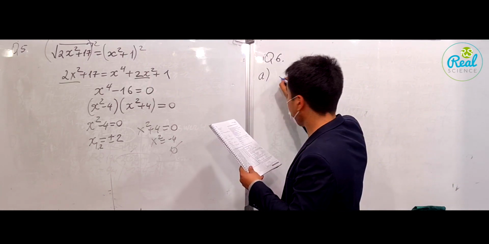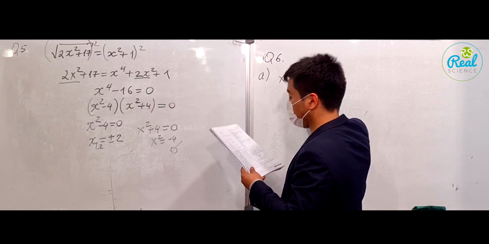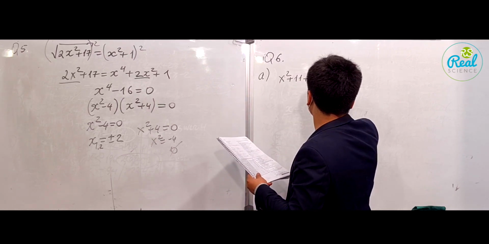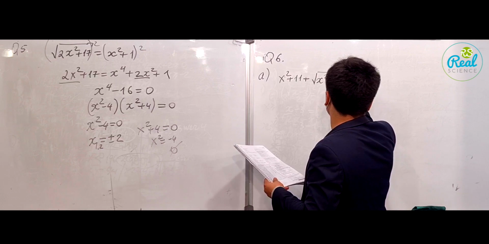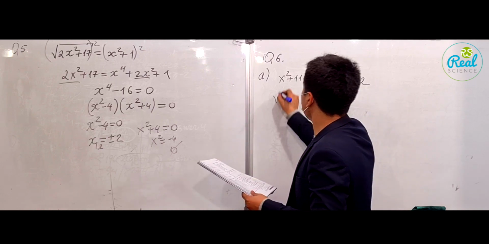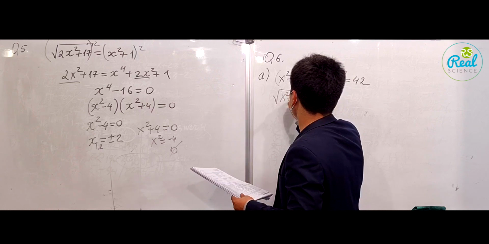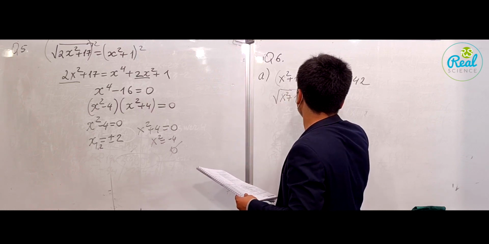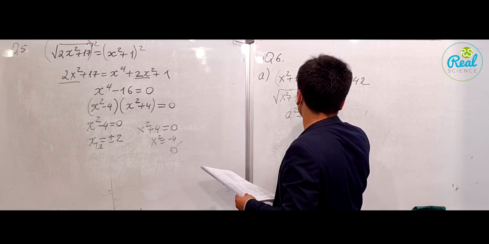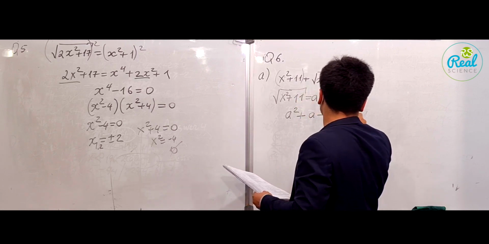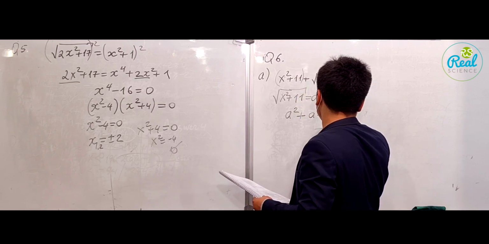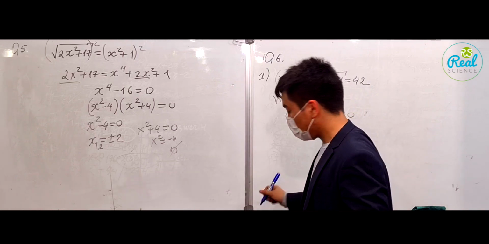A1. Again, we're going to do some kind of rearranging, yeah? Yes. X squared minus 7 and 6. Yeah?